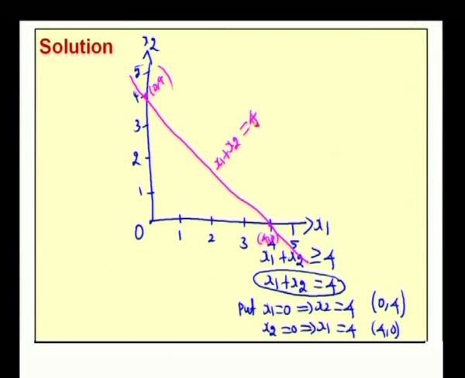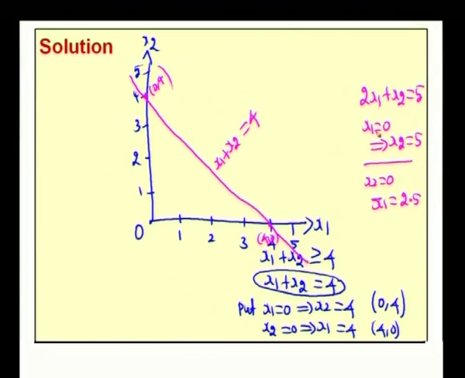The next constraint is 2x1 plus x2 equal to 5. In a similar manner, taking x1 equal to 0, we get x2 equal to 5, and taking x2 equal to 0, we get x1 equal to 5 by 2, which is 2.5.